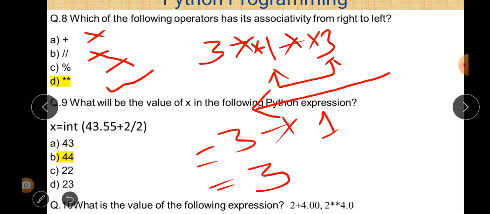And one more operator, the assignment operator, has associativity from right to left. So these are the two basic operators which have associativity from right to left. Always remember that. Exponent and parenthesis both have associativity from right to left. Okay. Now let us talk about another question. Question number 9.